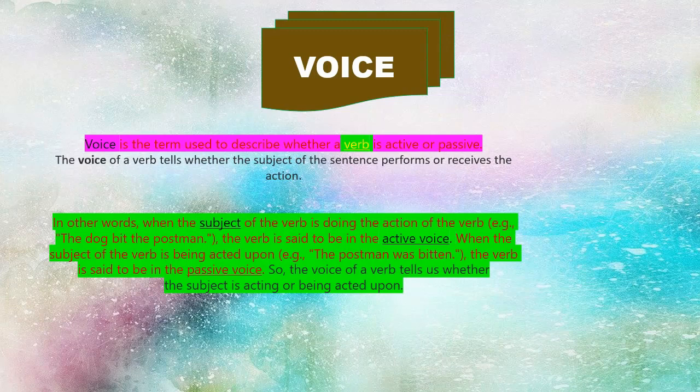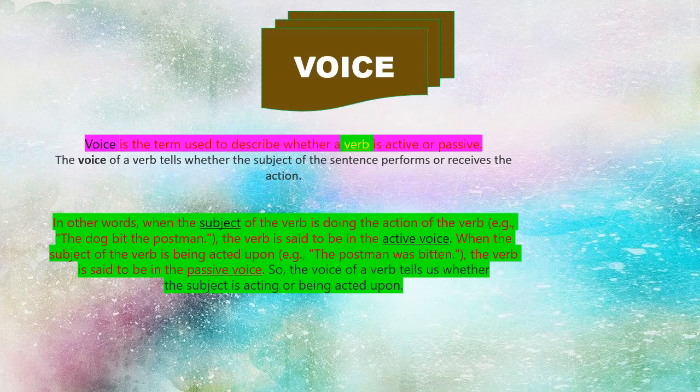Whether the subject is prominent or the action that is received by the receiver is prominent, is important. So, voice is the term used to describe whether a verb is active or passive. It also tells us whether the subject of the sentence performs or receives the action.